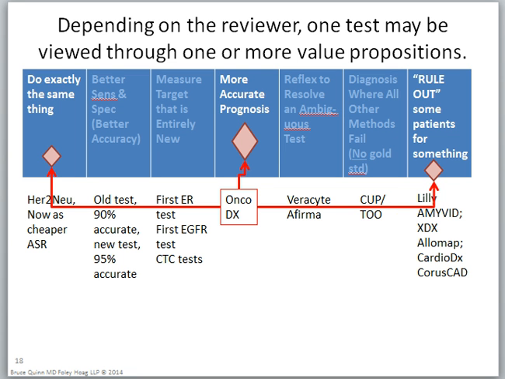Let's look at the Oncotype DX test now as a case study. So the main value principle is that it has a more accurate prognosis, shown here in the middle. But if the viewer does not accept that it's really more accurate, or meaningfully more accurate, than glass slides, tumor size, and tumor grade, then you'd say the prognosis is only doing the same thing that we already had before, but at much higher cost.